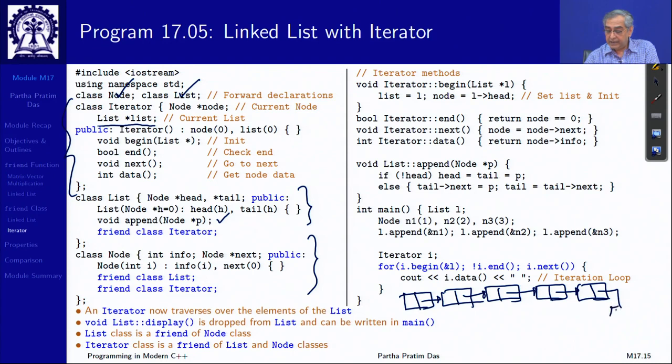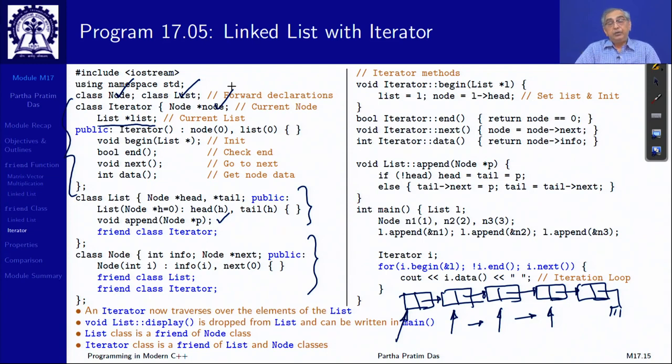This is the list, the header. After having seen this node, I will need to go to the next node, then the next node, then the next node. So, I have a marker that keeps on traversing. I need a node pointer which says which is the current node. This is the basic information data of the iterator.